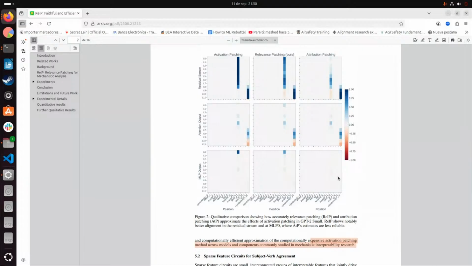Something that's a problem with this kind of thing is, I guess it works if you just care about which layers and which parts of the residual stream matter. That it kind of works.